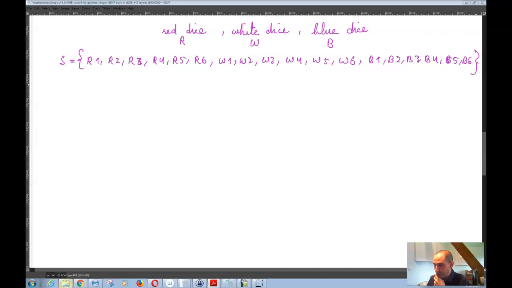And what is the sample space if you're interested in the number of girls in the family?